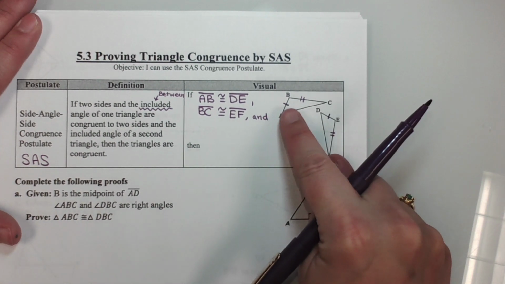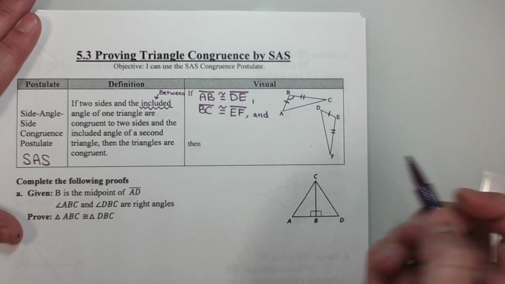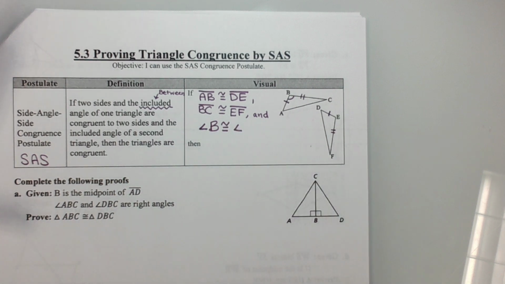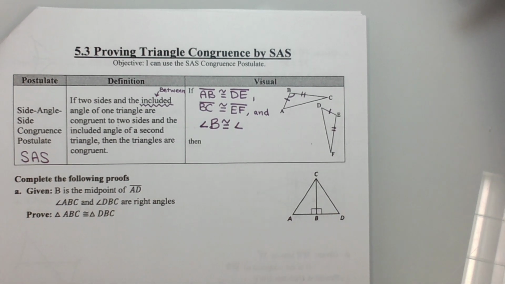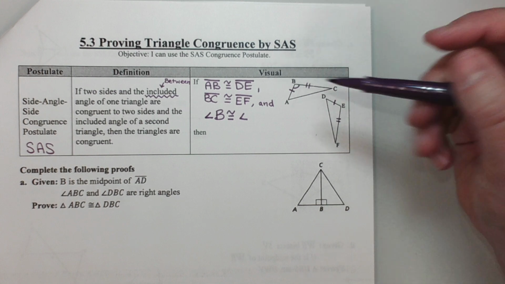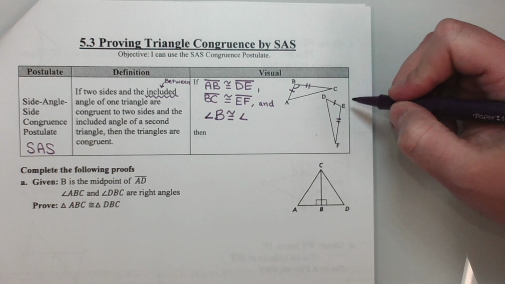If I'm talking about sides AB and BC, the angle between them is angle B. Which angle is the included angle of the other triangle? Those two sides, that angle was between. These two sides, what angle's between? E.